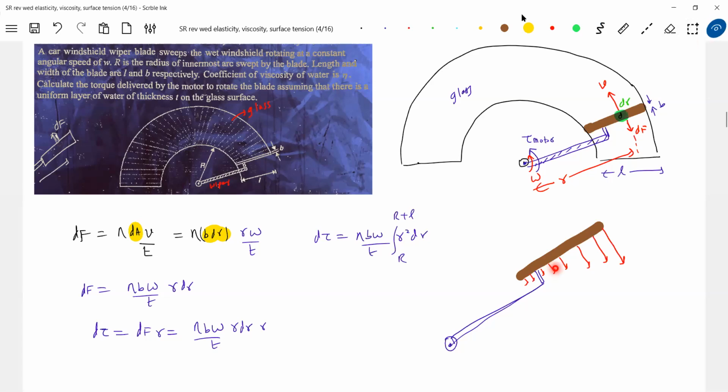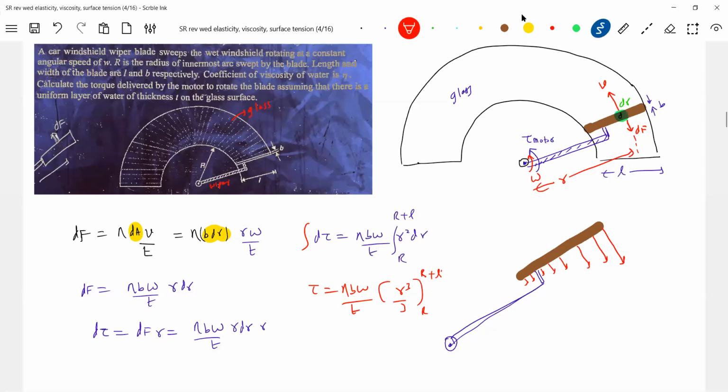At different points, it will be acting differently. That's why I'm assuming a small element, then finding the torque for that. So do this: eta B omega R squared dr by T. Substituting limits and solving, we will get the required answer.